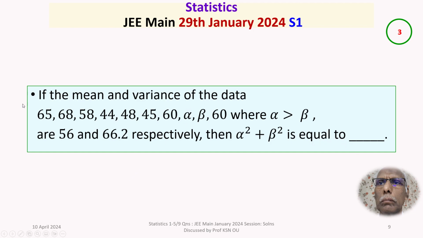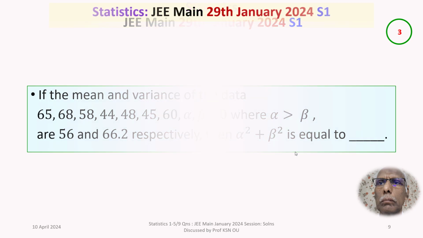Yes, we are given this data. It has alpha and beta, where alpha is greater than beta, and the mean and variance of this data is 56 and 66.2. Required to find the value of alpha square plus beta square.